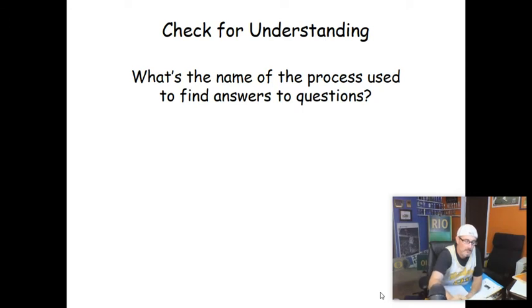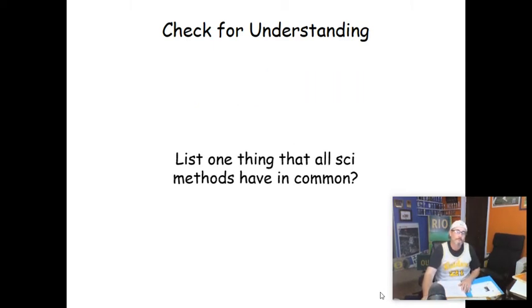All right. Hopefully you've had an opportunity to look up that answer. The correct answer is the scientific method. What's the one thing that all scientific methods have in common? I believe that was number 2.